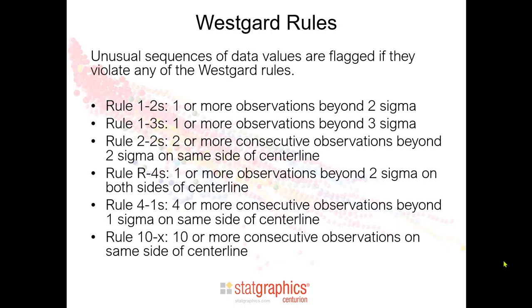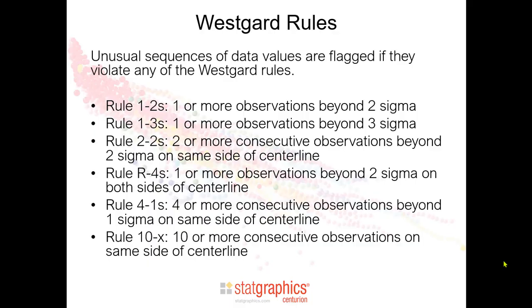Another difference between standard control charts and the Levey Jennings charts is that unusual sequences of data values on the Levey Jennings charts are flagged if they violate any of the so-called Westgard rules. There are 6 rules that can be violated.